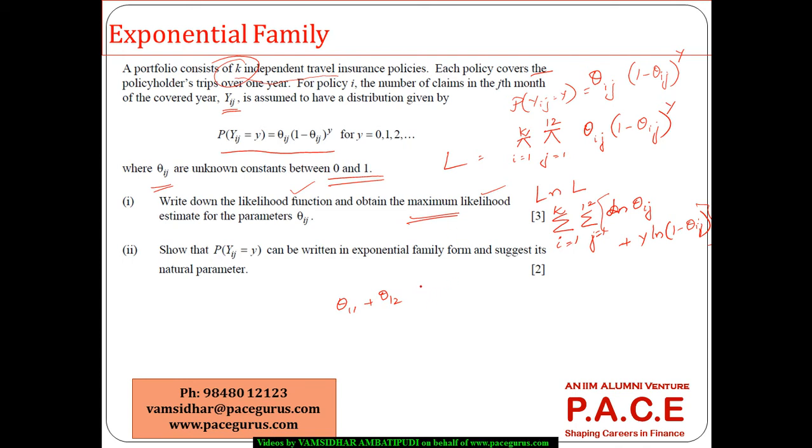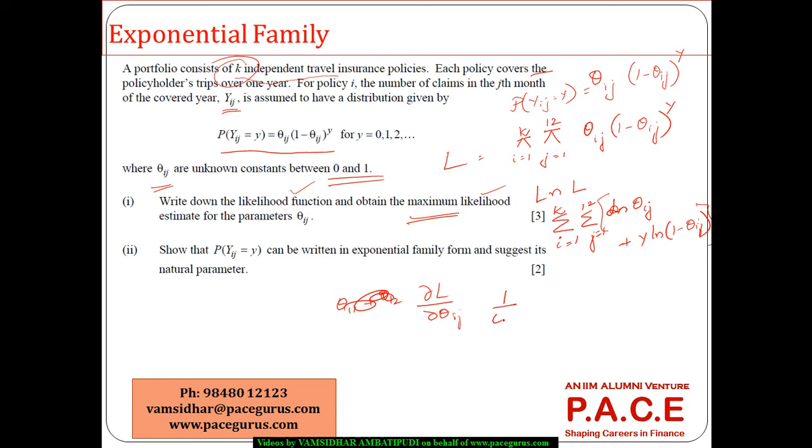Then, because I want the maximum likelihood estimate, I'll take the derivative of the log likelihood with respect to theta ij, and equate it to 0.